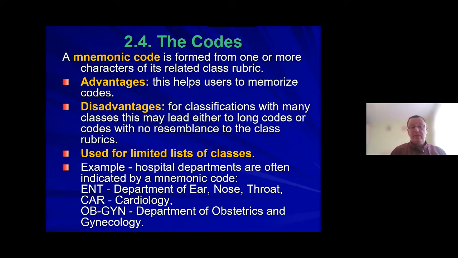This may lead to very long codes or codes with resemblance to class rubrics and so on, and it is very useful for a limited list of classes. A nice example is gender encoding, M and F, maybe in modern times also a third option like not provided, or at least two basic ones is enough. Another useful example is when we have departments like medical informatics, MI, and so on. So it is a very useful approach.